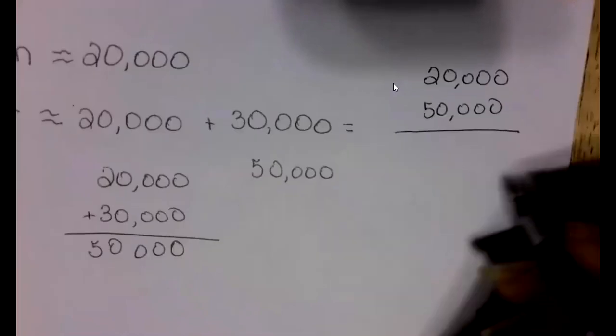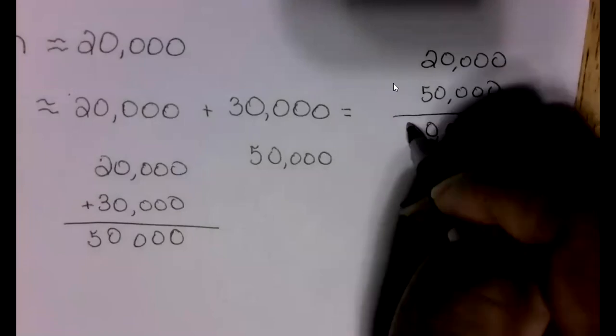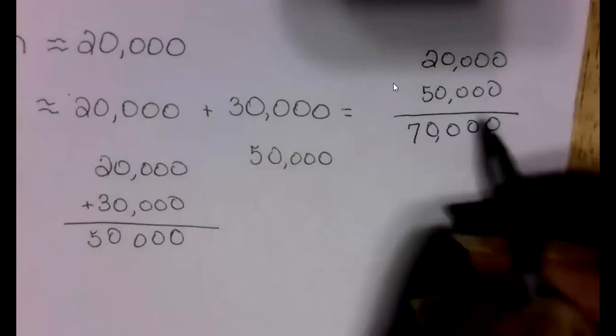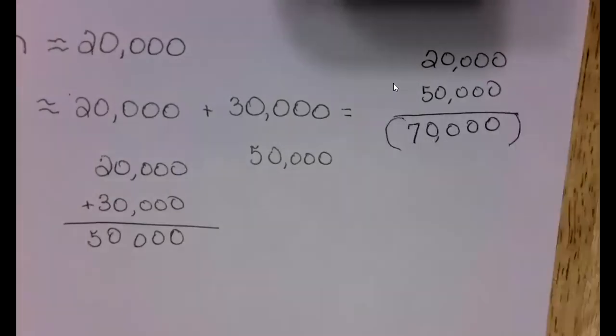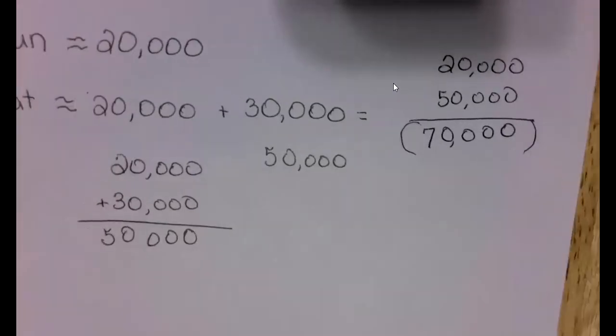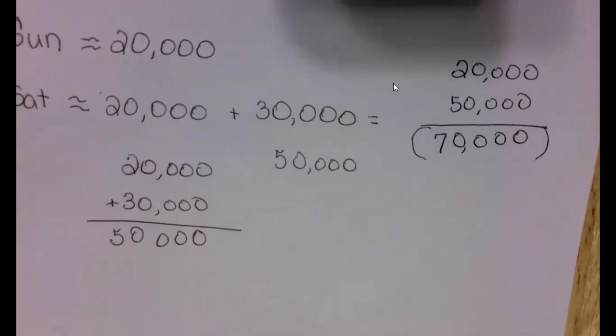The ones. 0, 0, 0, 0, 7. So I'm saying that we sold about 70,000 tickets the weekend. And knowing about how many I sold will help me when I actually find out how many I did sell to see if my answer is reasonable.